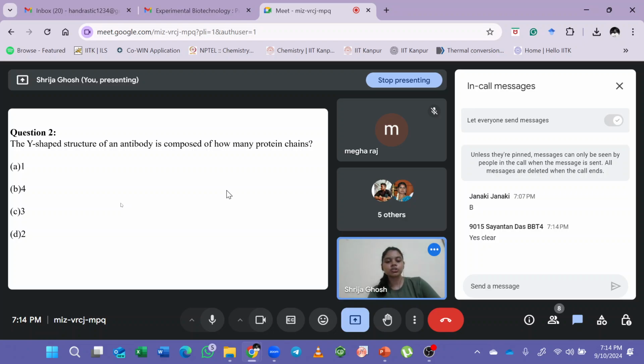If you know the structure of an antibody, you should be able to answer this question. Anybody wants to answer? Even if you don't know the answer, take a logical guess. I have already mentioned it's a Y-shaped structure, so take a logical guess how many chains can be there.